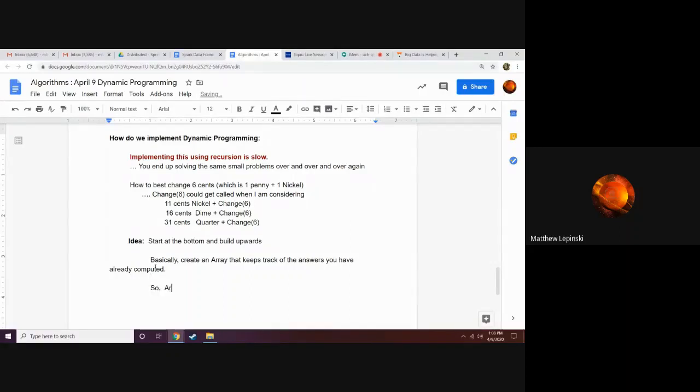So array bracket 0 is going to be equal to my change function on input 0, which should be 0. It takes 0 coins to make change for 0 cents. Similarly, array 1 is make change for 1, which is just 1.